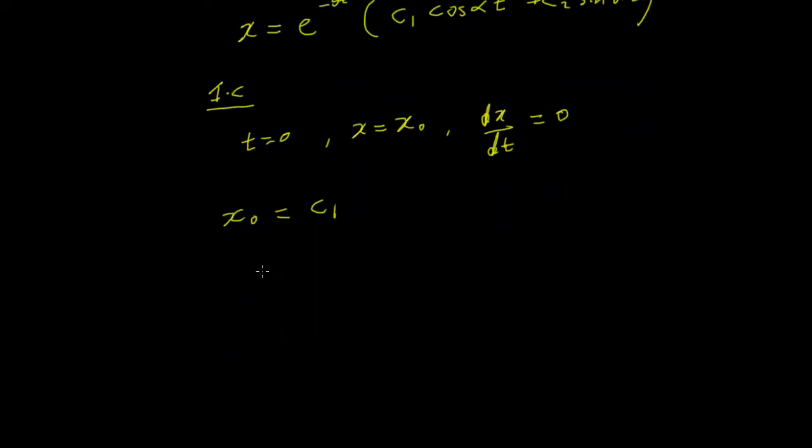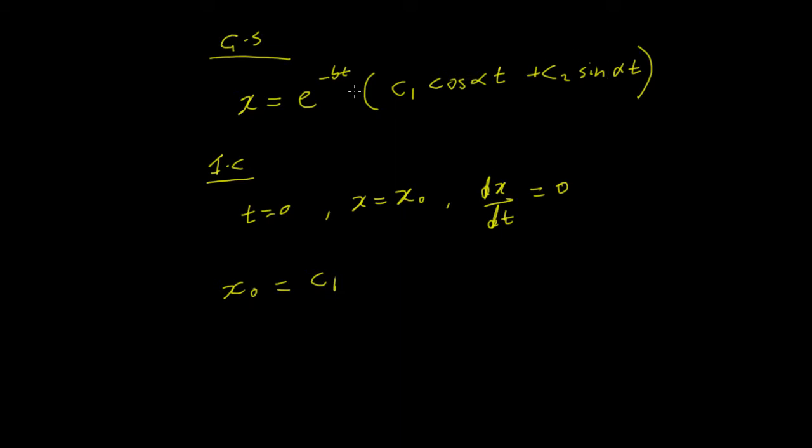Now the second part of that, we've got to differentiate this. We're just going to have to use the product rule for differentiation, because it's going to be that times that and that times that, so you're going to end up with four terms.